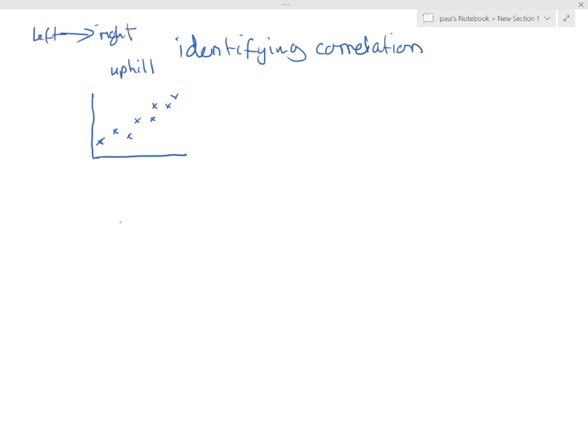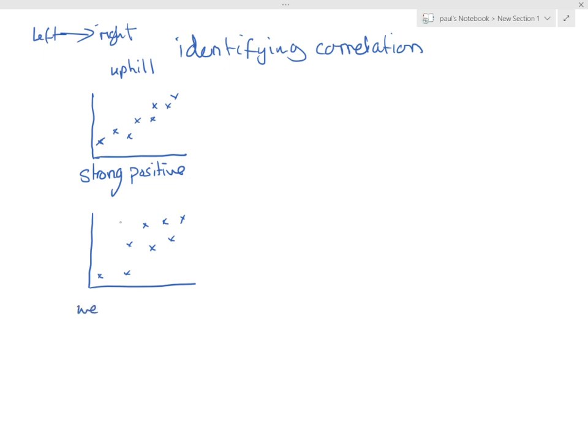Now uphill, and they're all pretty close together, aren't they? So when it goes uphill, it's positive. And when they're close together, it's a strong positive. So you can probably already guess what all the other ones are going to be, but we'll do them anyway. So we do another uphill, but this time the coordinates, the little stars, are a bit further apart, but you can still see it's going uphill.